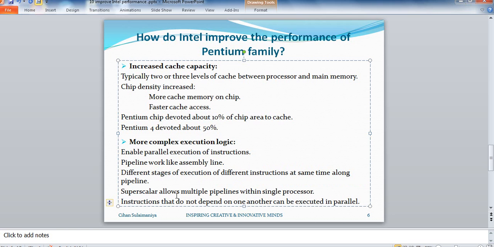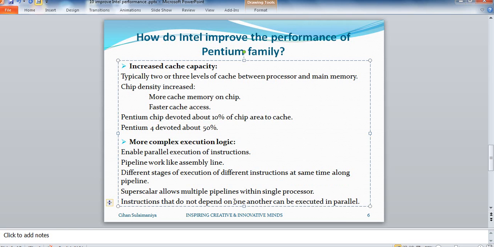See here. Another way for more complex logic is superscalar. Use superscalar, which allows multiple pipelining within a single process. So if you use multiple pipelining with a single process, the operation will be very, very quick and very fast.